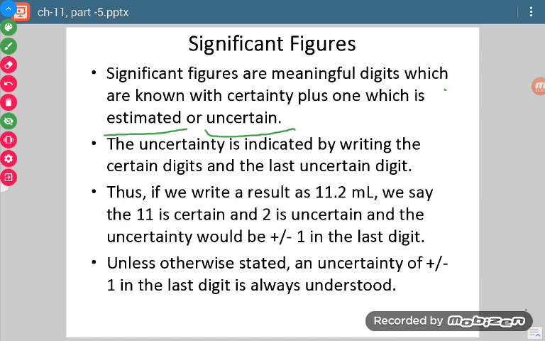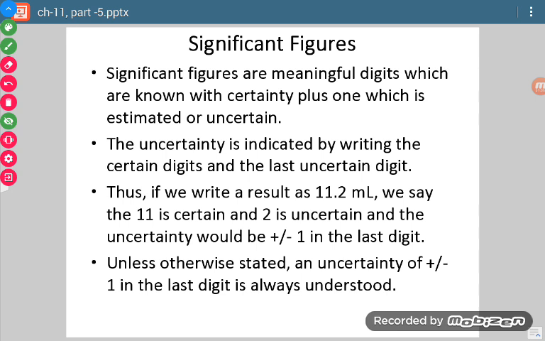Just like here in this example, it is 11.2 ml. Somebody has taken an observation and he found the result 11.2 ml. So here 11, these two digits are certain digits, whereas this digit 2 is uncertain or estimated.